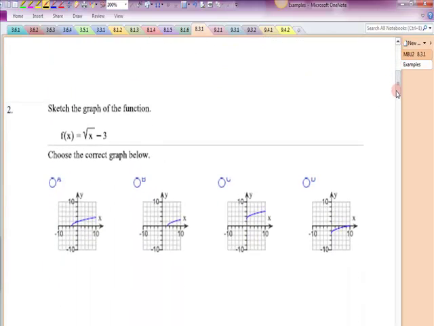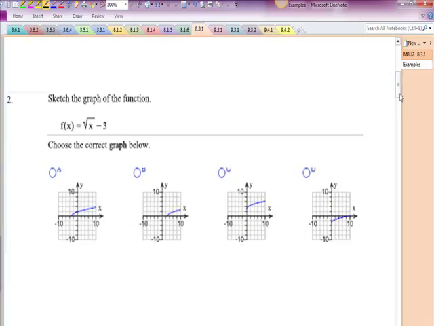All right, the next one, it is a square root function. Now the square root function is the branch. It has a -3 on the outside. That means it's going to shift down 3.